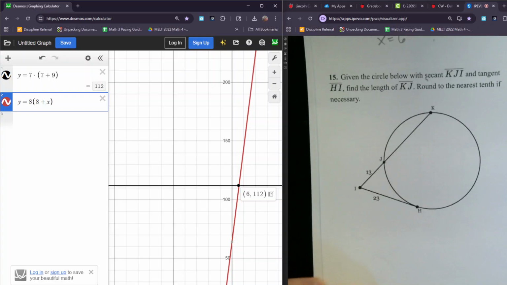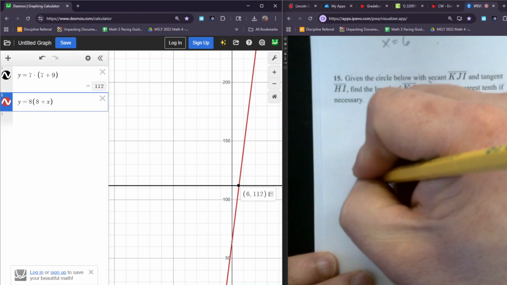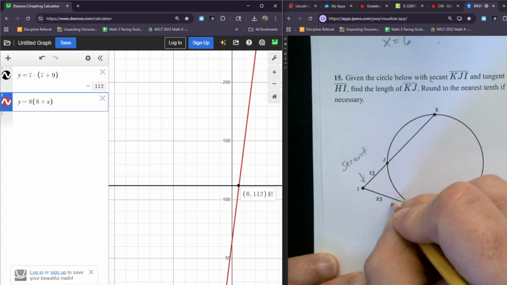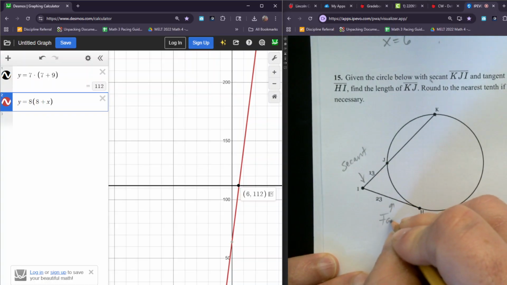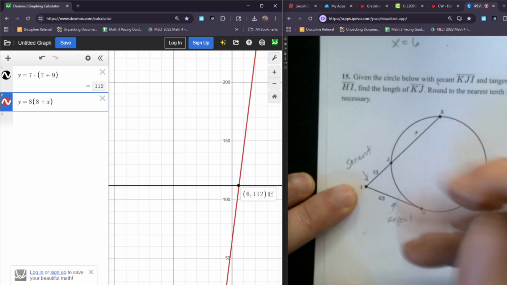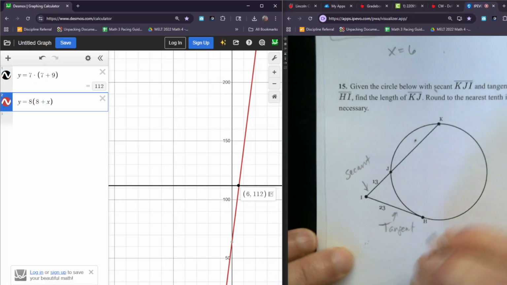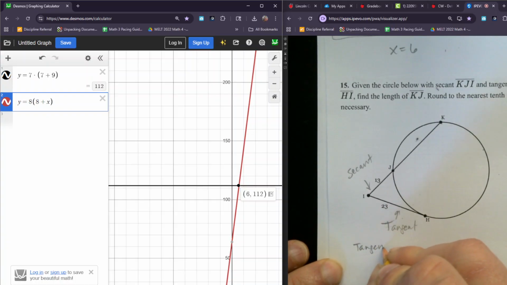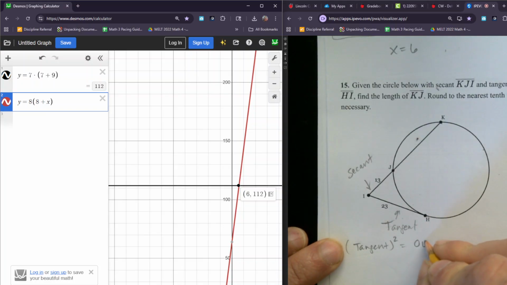All right, so guys, what we have here, we have a secant, touches in 2 spots. We got a tangent here. And now that formula there is tangent squared equals out times whole.